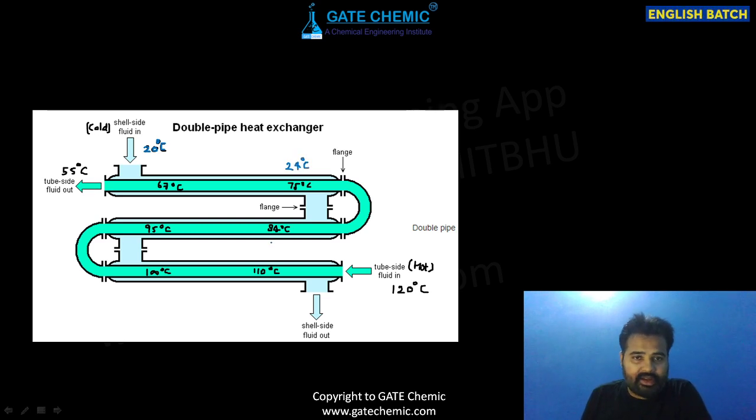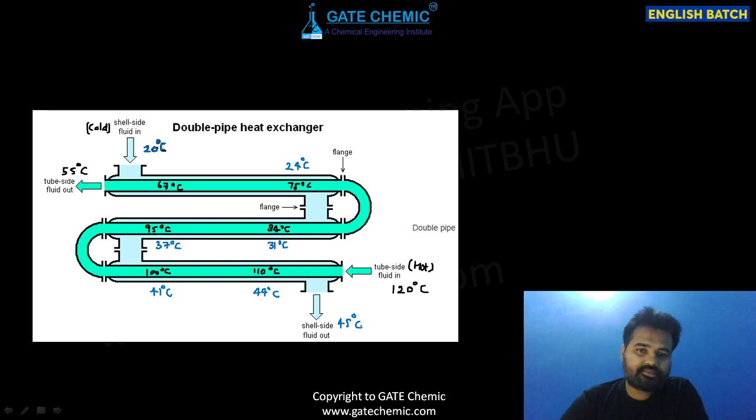After some time, 31 degrees Celsius. Here it is 37, here 41, here 44 degrees Celsius, and at the exit it is 45 degrees Celsius. I am giving you just a typical value, beta.